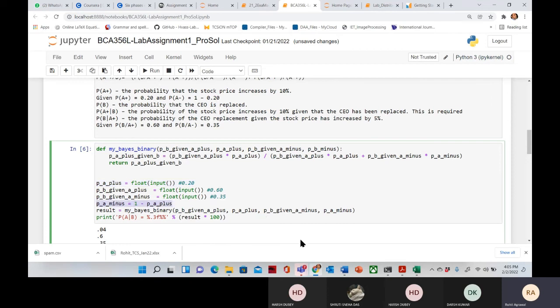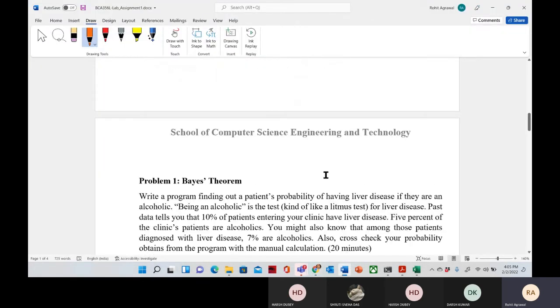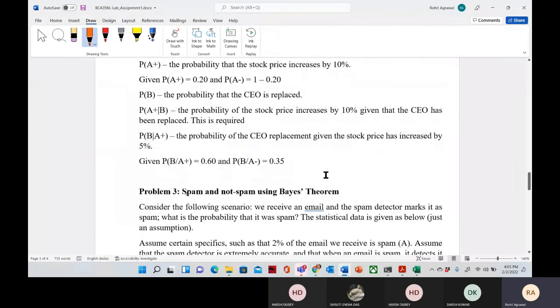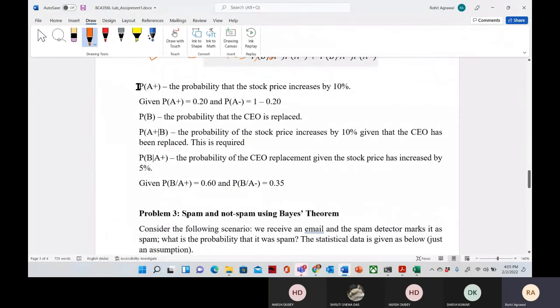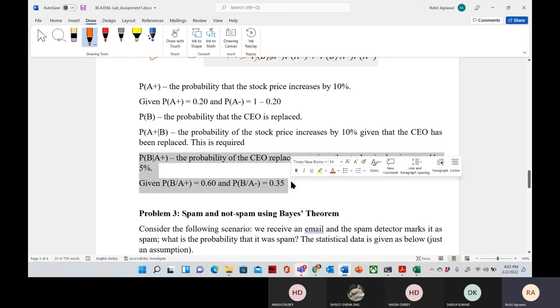I can correlate with the assignments. Assignments, I can open this. Here, you can see this P of A, then P of A plus, then P of A minus here. This data is given.